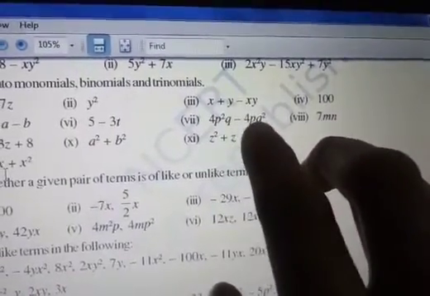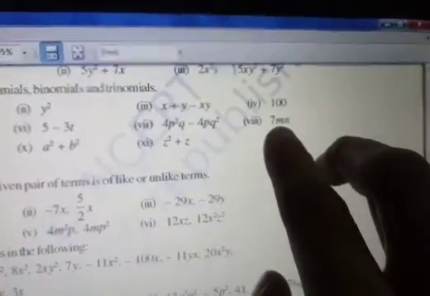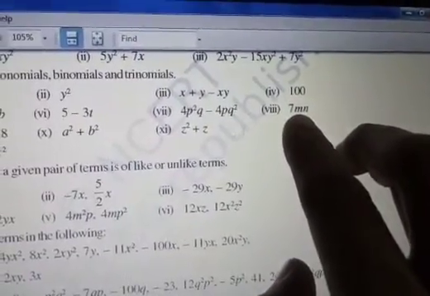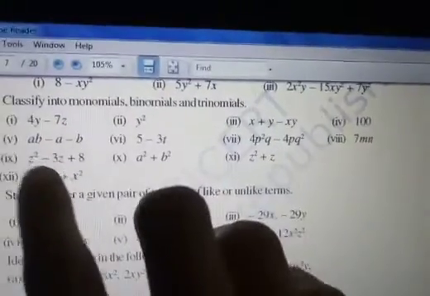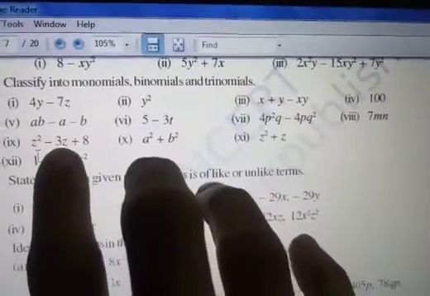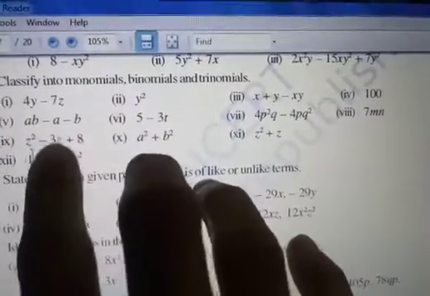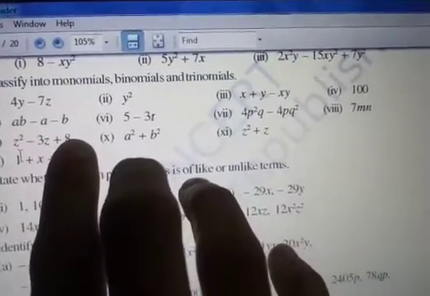This is one term, this is one term. So it is binomial. Eighth problem, 7mn. Only one term is there, so it is monomial. Ninth problem, z square minus 3z plus 8. Three terms are there, so it is trinomial.